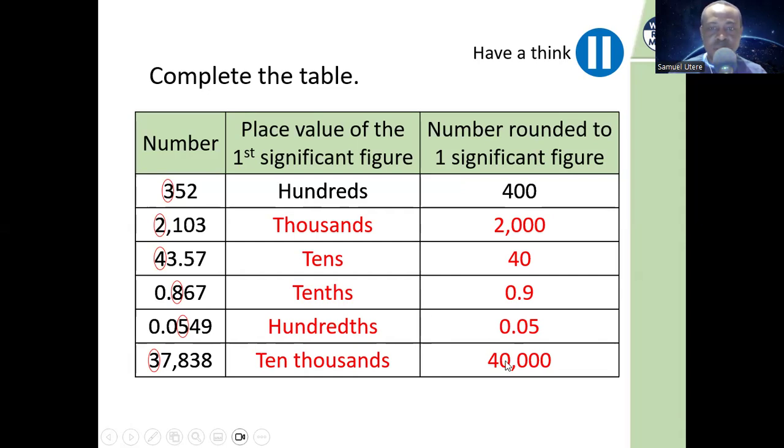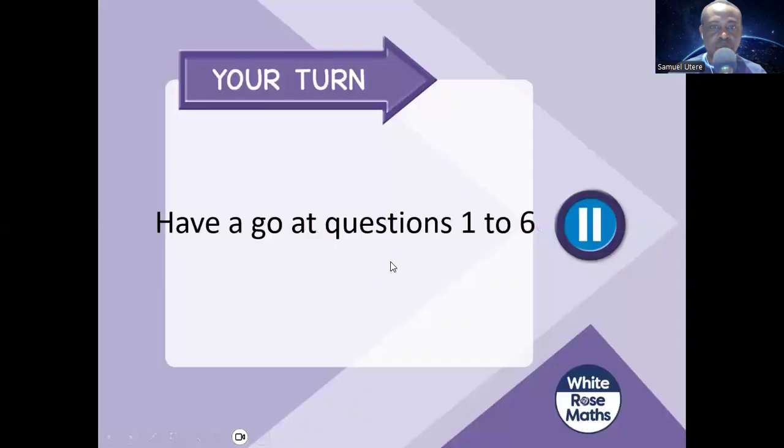Yeah, and you can see that's what's going on here. Okay, so what we've learned so far is that you must identify the first significant figure of any number before you can round to one significant figure.